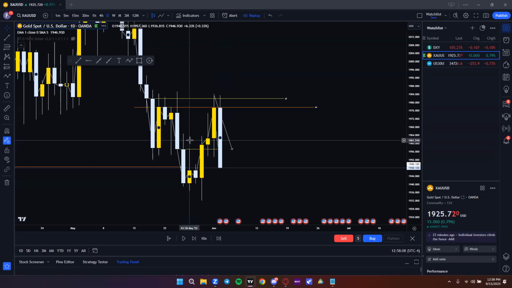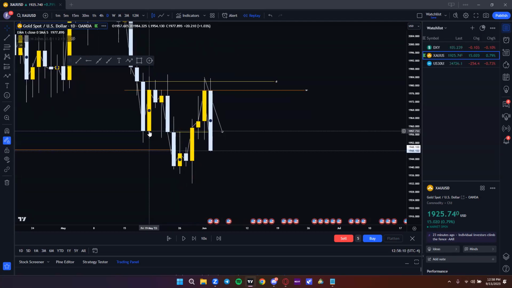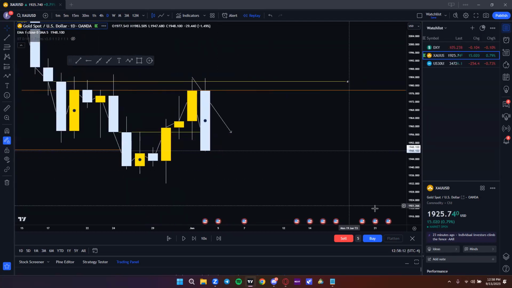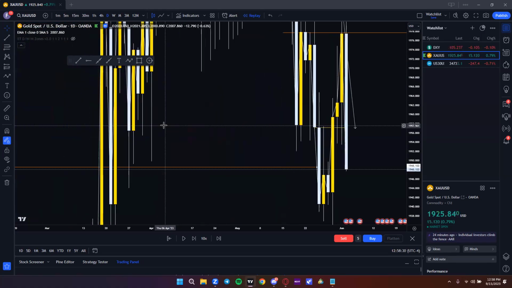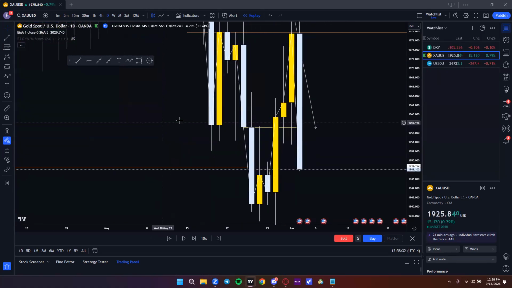So you can see this open and close level, it was confirmed, right? So that indicates to me that I should consider a sell here. In real time, I will consider a sell at this confirmed level. And that's just a fact.